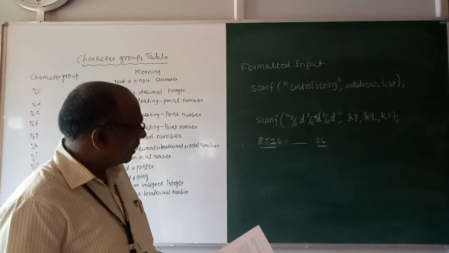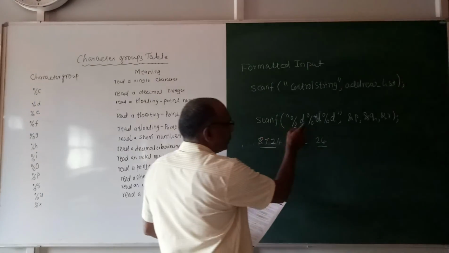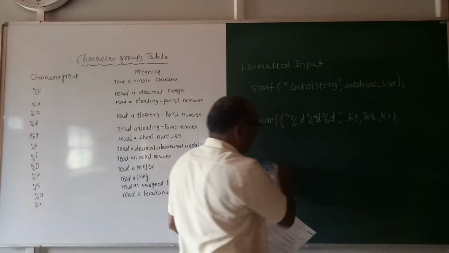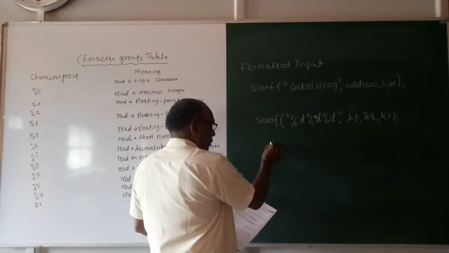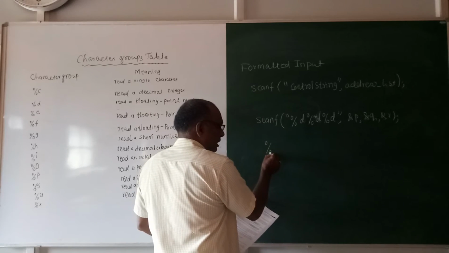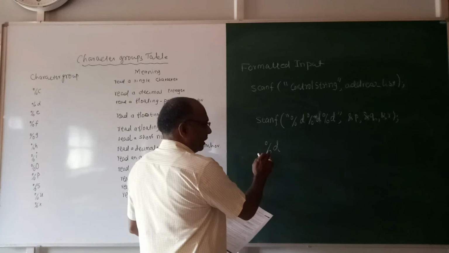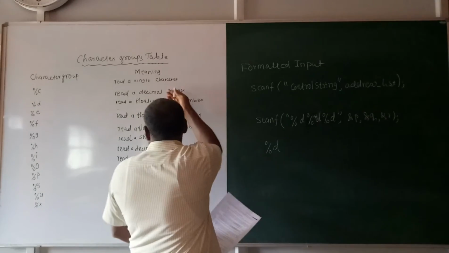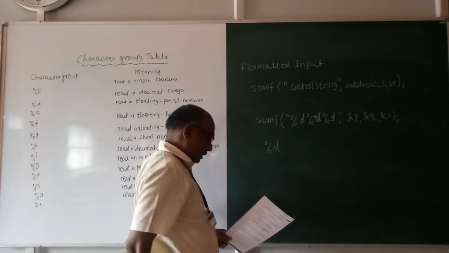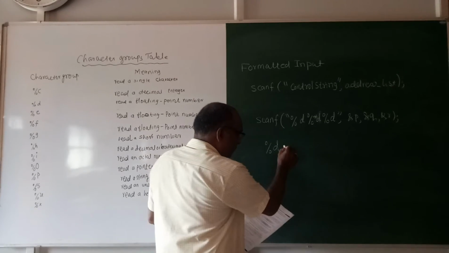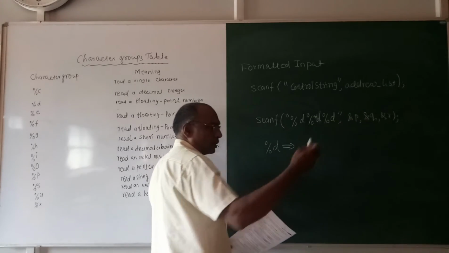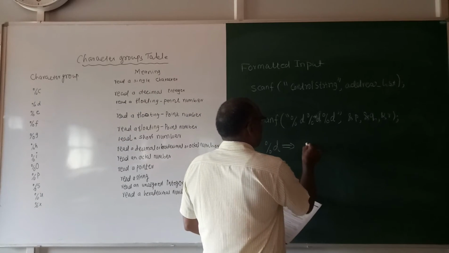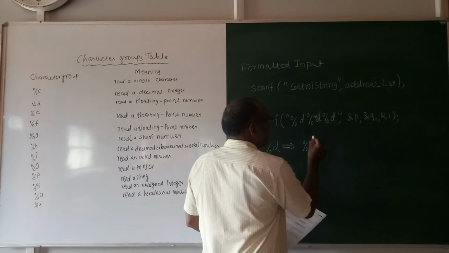Sometimes we want a more accurate decimal integer. For that, how do we specify a control string in scanf? In a control string, we write the percent symbol with D for a decimal integer, to read or print a decimal integer, and this will be replaced, for a long integer, for greater precision, by the percent symbol and then LD.